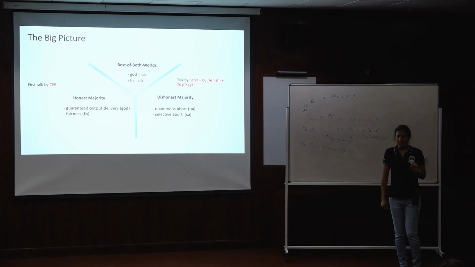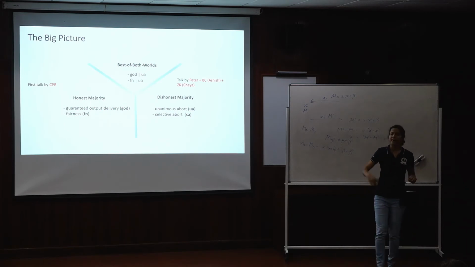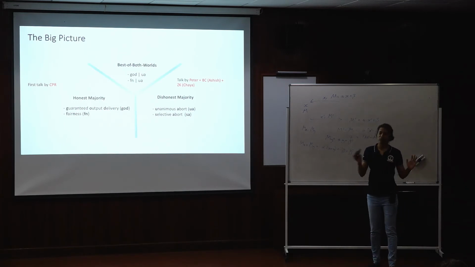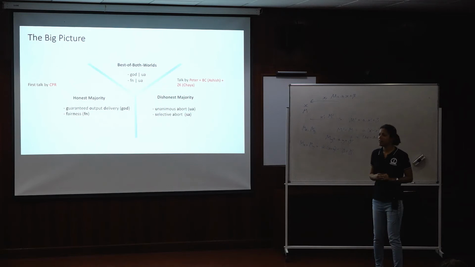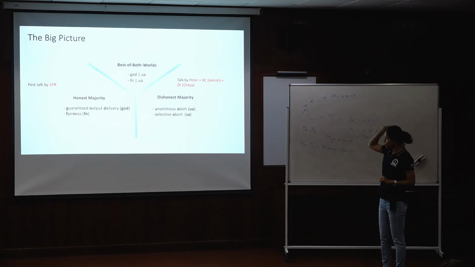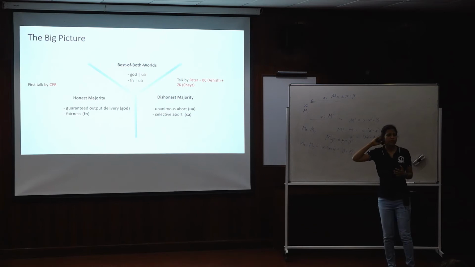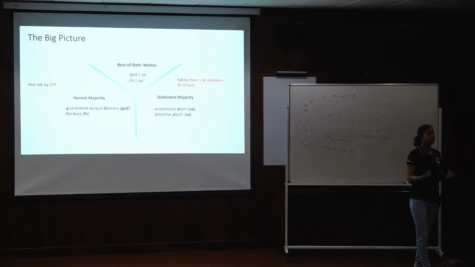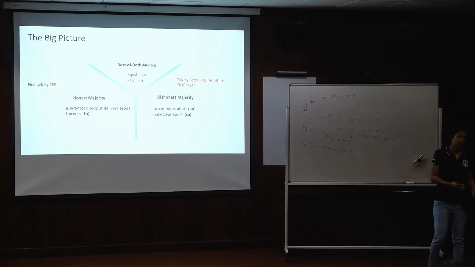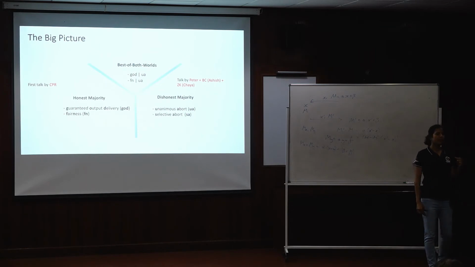This line of work was introduced by Yuval and his co-authors long ago in 2006. In this class of protocols, we aim to tolerate both honest majority as well as dishonest majority at the same time, and we plan to offer the best possible security in the respective worlds.